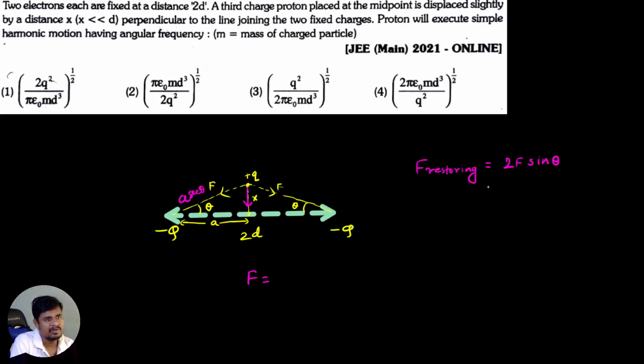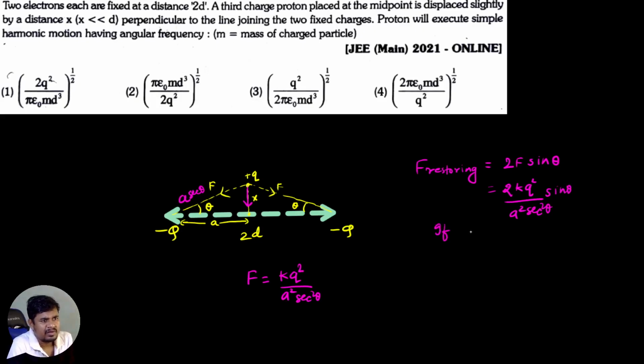So force will be 2 times k q square by a square sec square theta. I will substitute here 2 times k q square by a square sec square theta into sin theta.